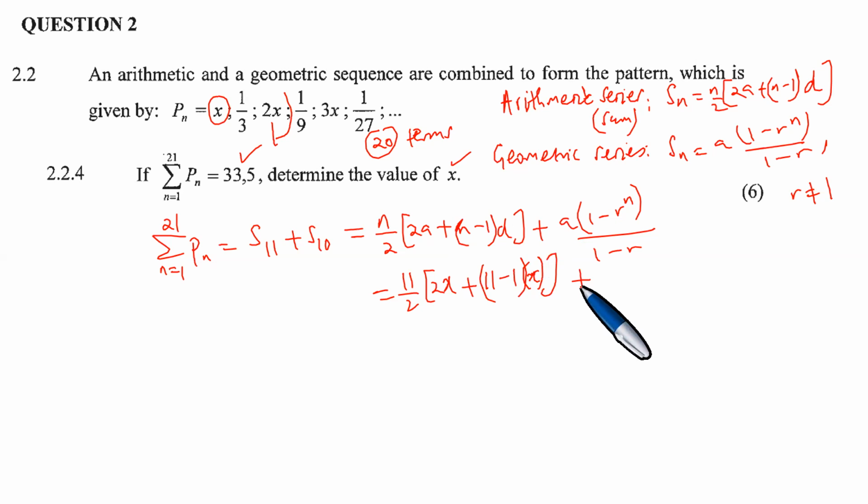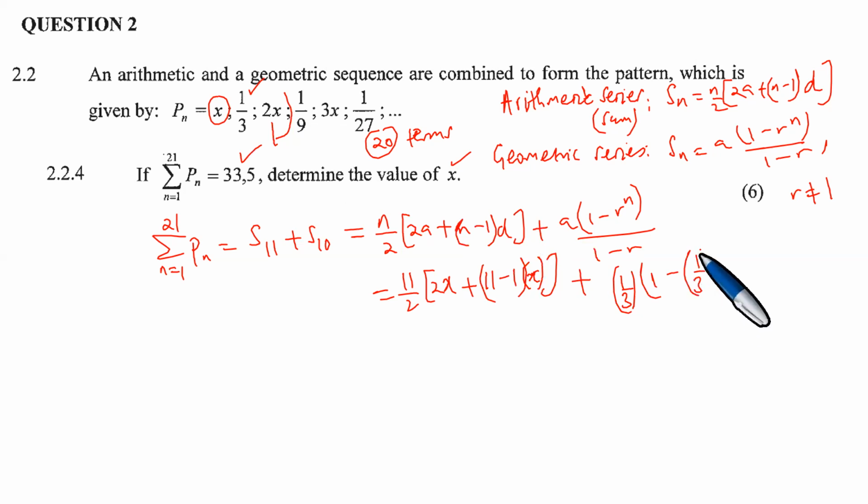What is the first term? It is 1 over 3 for the geometric. The geometric is having the fractions. The common ratio is, we did that before, we got 1 over 9 divided by 1 over 3 is 1 over 3.